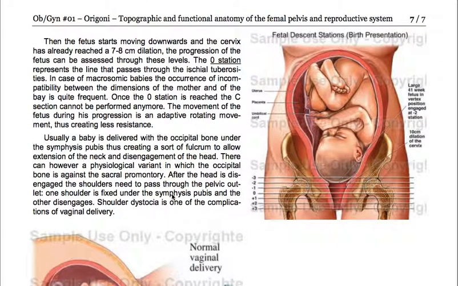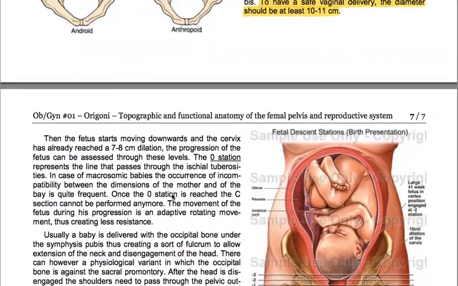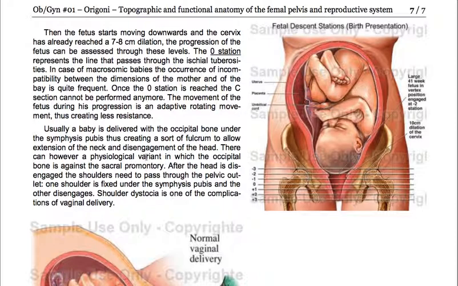When the fetus starts moving downwards and the cervix has already reached 7-8 centimeters dilation, then progression of the fetus can be assessed through these levels.